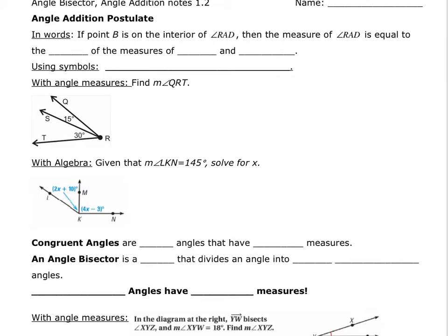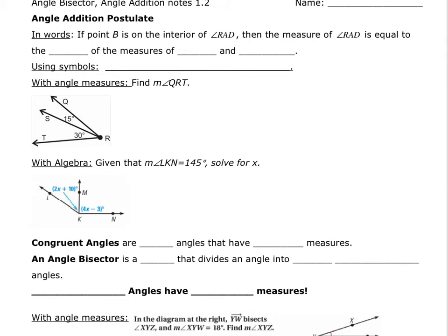So to describe it in words, if point B is on the interior of angle RAD, I want to go ahead and start drawing this. Remember, if there's no picture, it's always a really good idea to draw one.